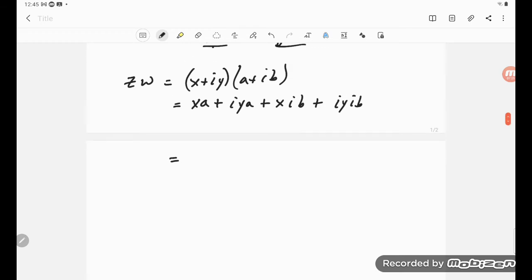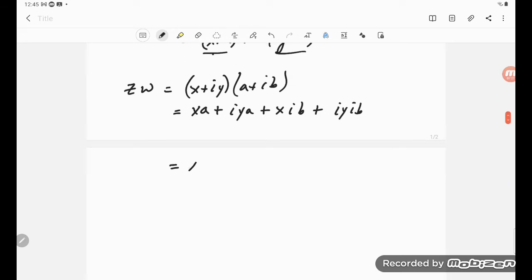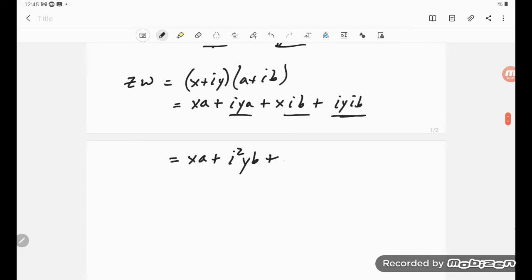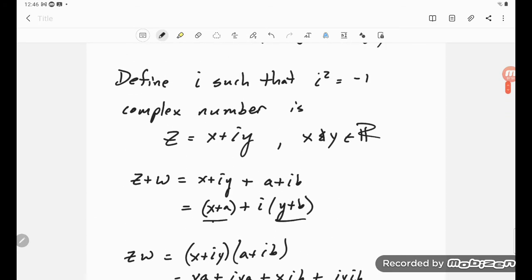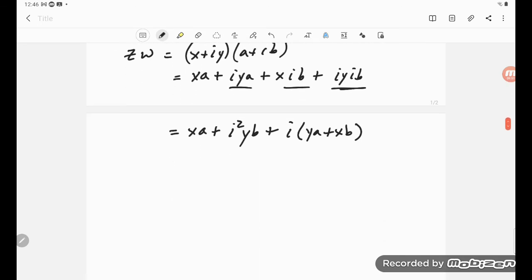Now, if I write that as xa plus, and take this term here, and that's i squared yb, and then plus those two terms factor out the i, and I get i times ya plus xb. Now, i squared, though, remember, i squared is defined such that i squared is -1.